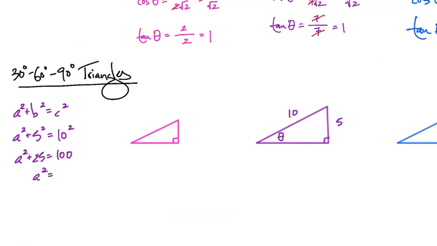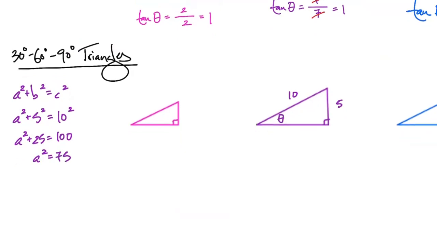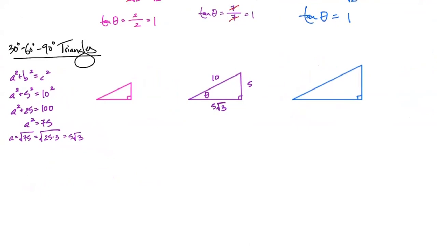A squared equals 75. And then when I take the square root of 75, I get the square root of 25 times 3, which gives me 5 root 3. And so this side on the bottom here would be 5 root 3. So we've got 10, 5, 5 root 3.